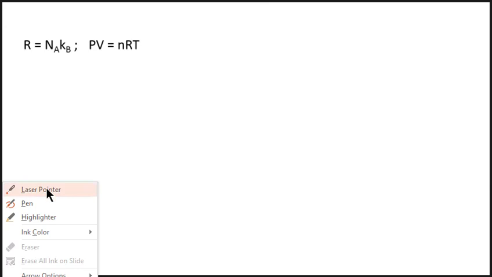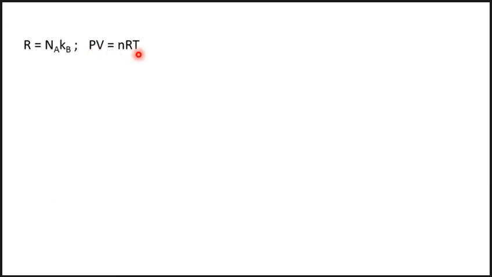Also, for the equation of state that we derived, PV equals nRT, where each variable represents what it stands for, which is pressure, volume, number of moles, gas constant, then temperature.